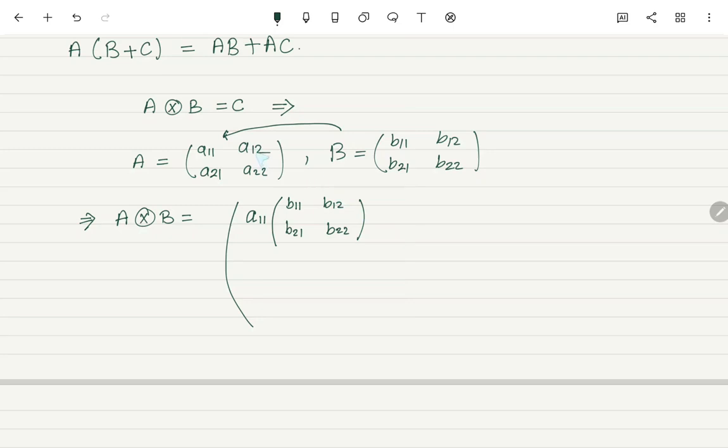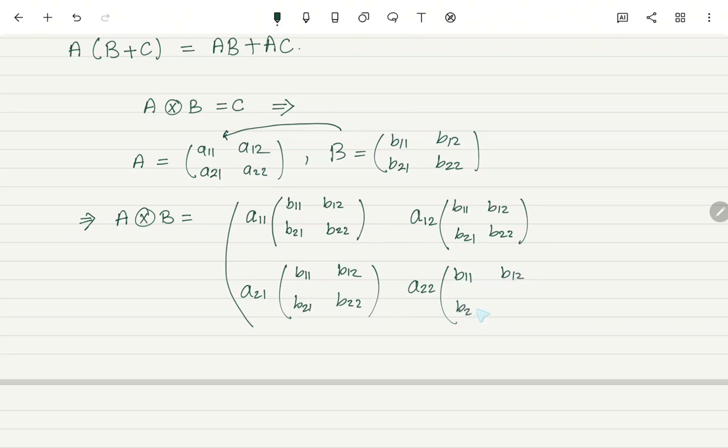A12 is multiplied by the matrix B, A21 is multiplied by B, and A22 is multiplied by the whole matrix B.